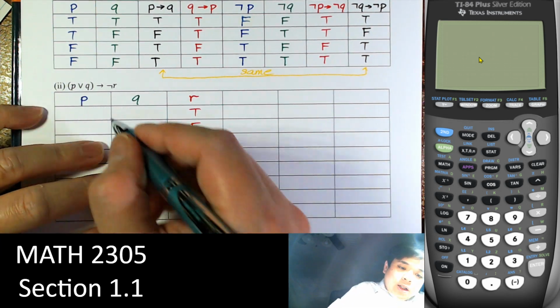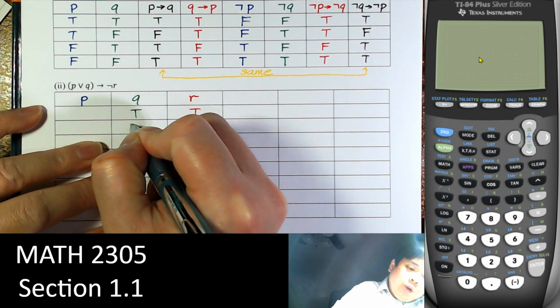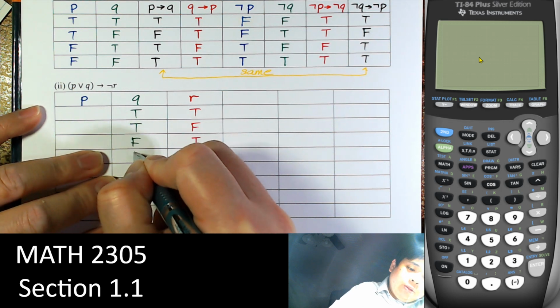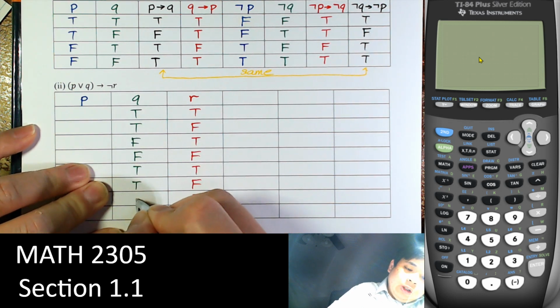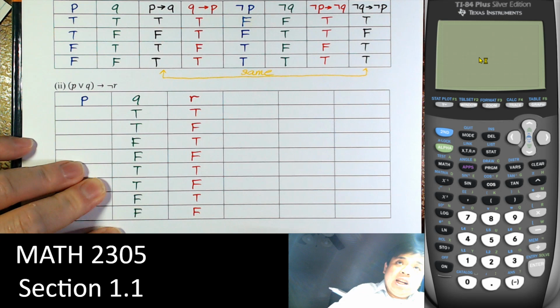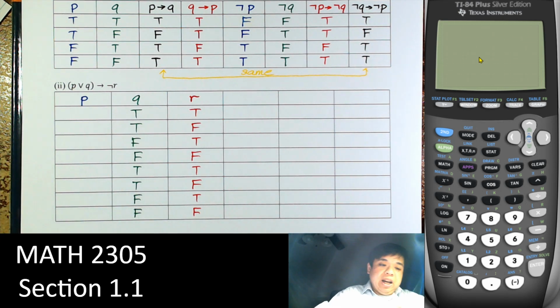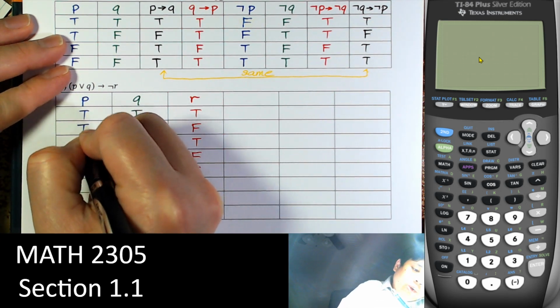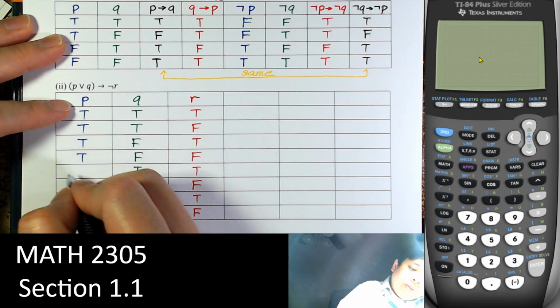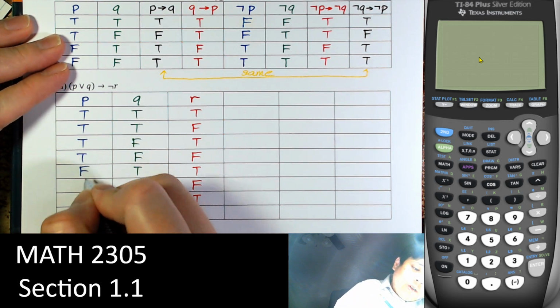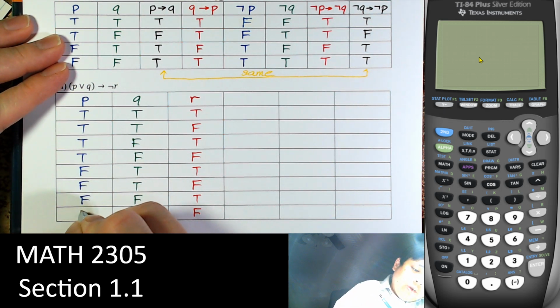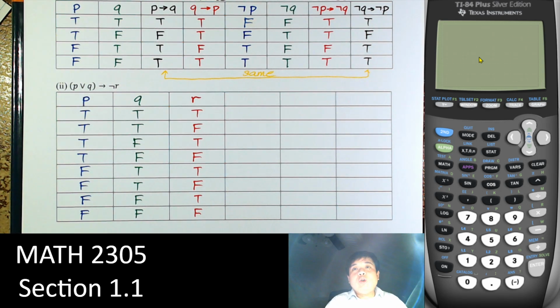On the second one, alternating every 2, true, true, false, false, and the one on the left, we alternate every 4, true, and then 4, false. With this, we cover every possible scenario for all 3 of those.